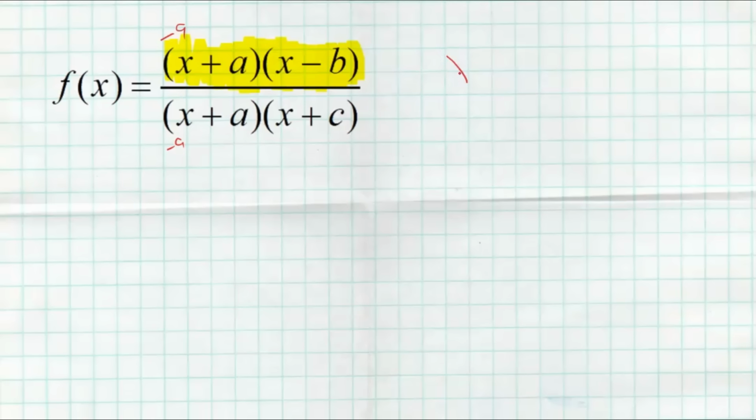So in this case, x minus b comes from the numerator. It could equal 0, which means my only zero is going to be x equals b. From the denominator, this thing right here is going to create a vertical asymptote. And again, if you make both the numerator and the denominator 0, you're not a zero, you're a hole. So be very careful when you're looking at rational functions and exploring zeros.